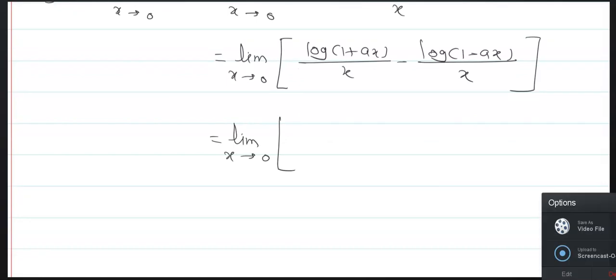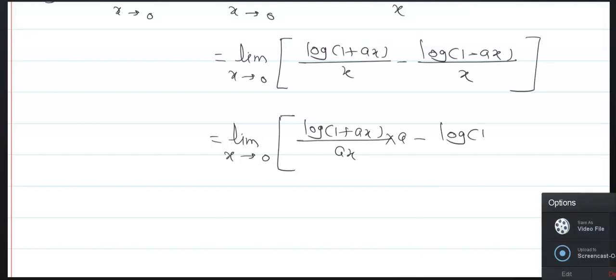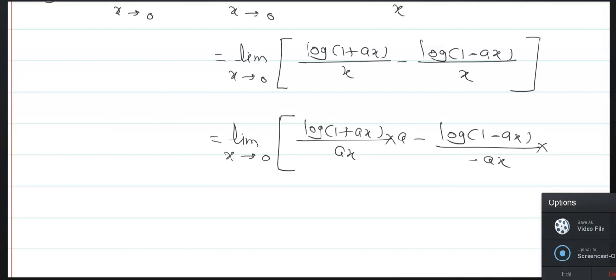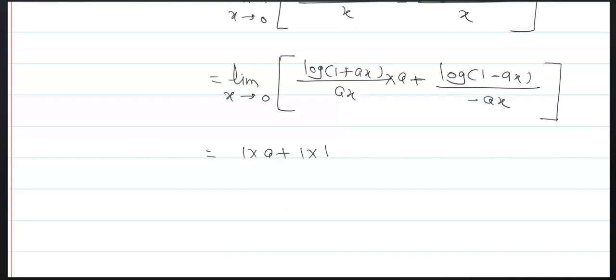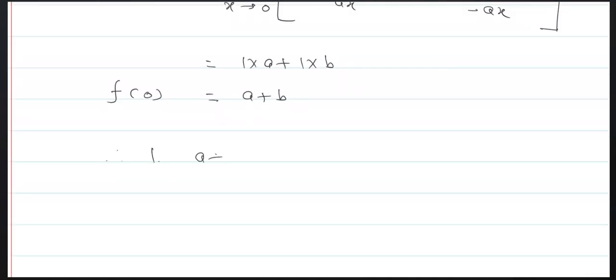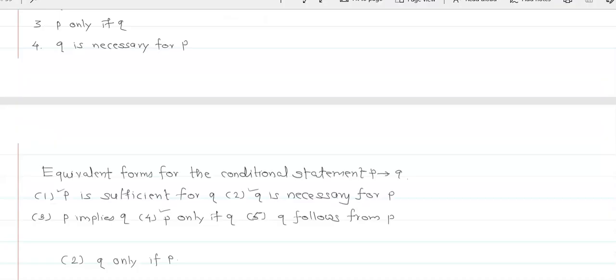Therefore the limit as x tends to 0 of log of 1 plus ax upon ax into a, minus log of 1 minus bx upon minus bx into minus b. The value of this limit is 1 into a, and the value of this limit is 1 into b. I forgot to write it, but I will write it now. That is, f of 0 equals a plus b. Now see this here.